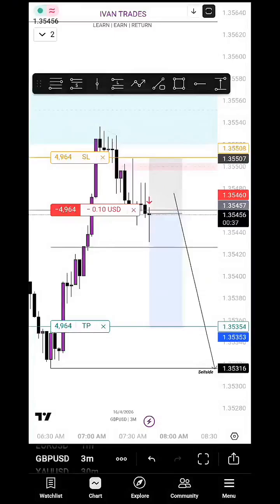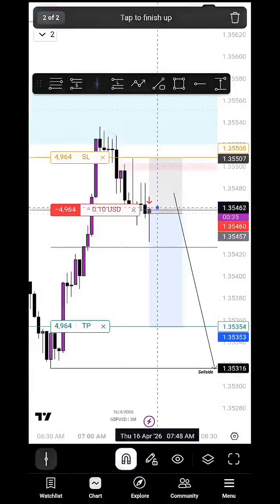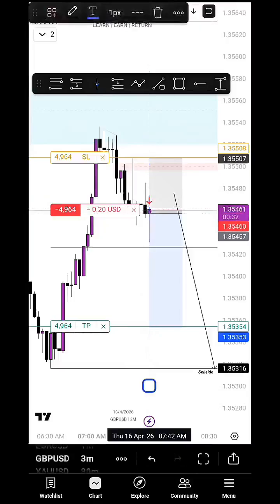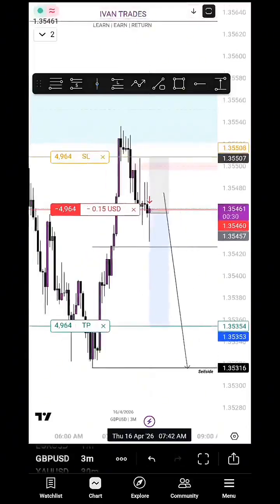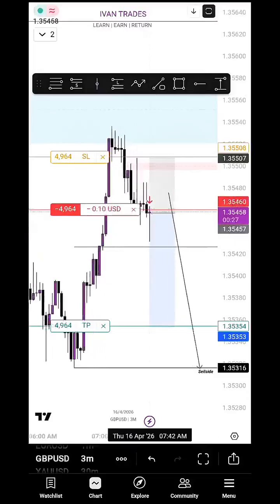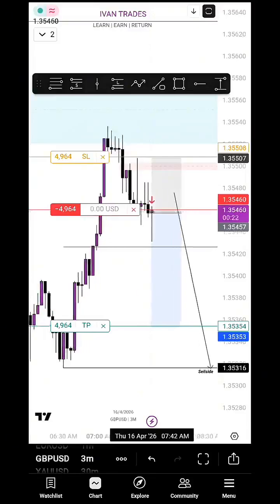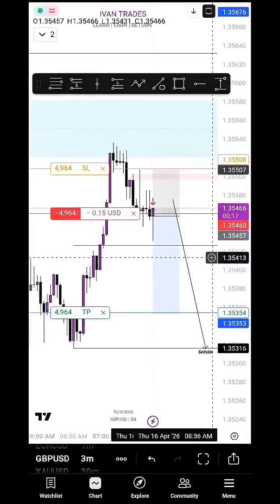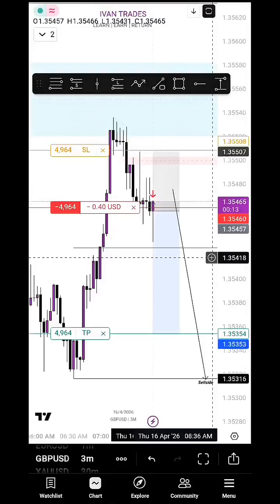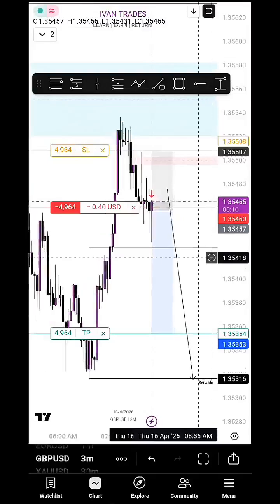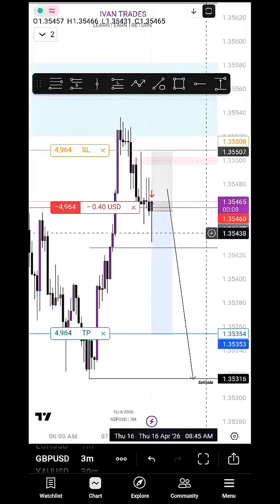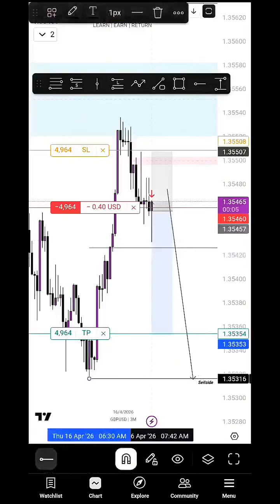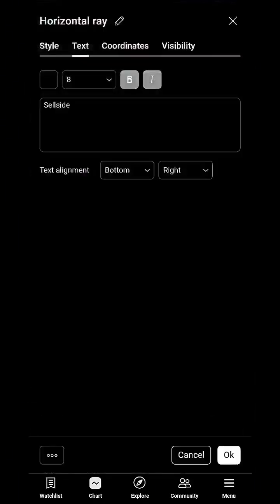My stop loss is above this high, targeting 1 to 2 risk to reward ratio. So I entered at the side of this 742 candle.